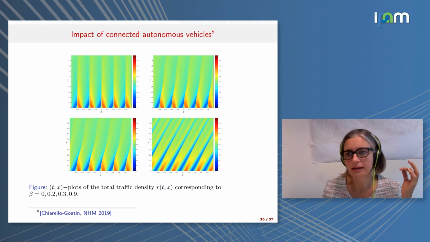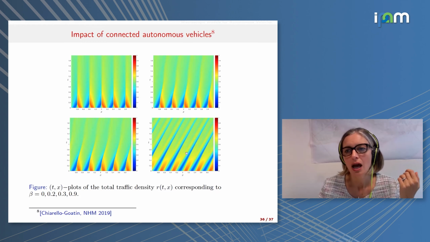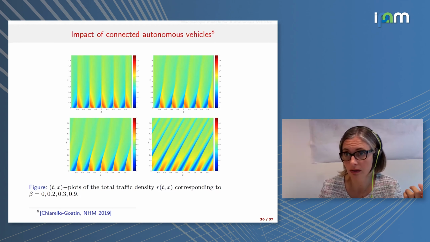So again, this is not intended to describe exactly what will happen on the roads when autonomous vehicles will be really deployed massively. But what I hope is that we can improve these models to describe what the dynamics will be.